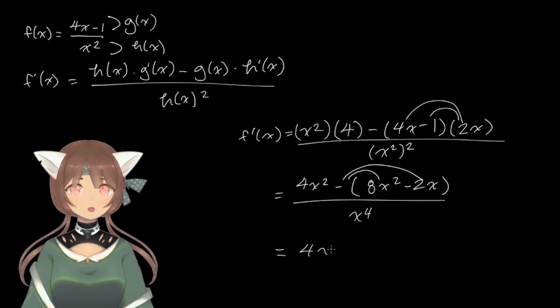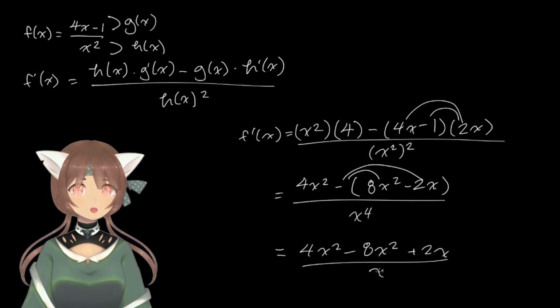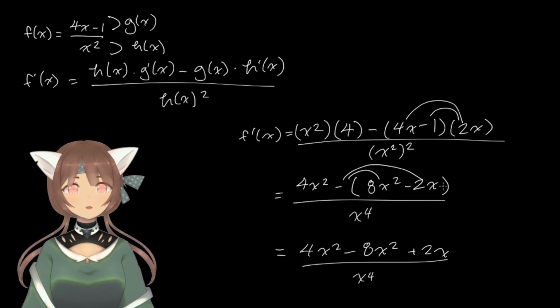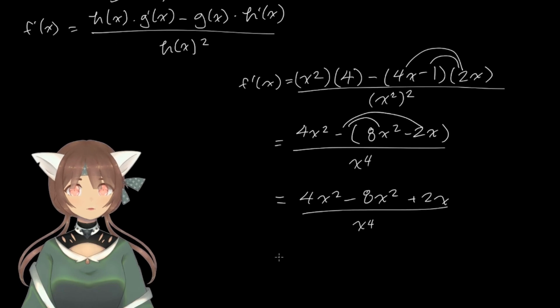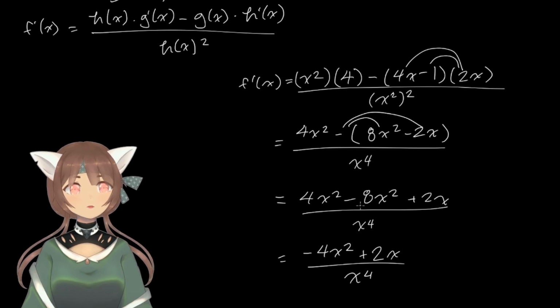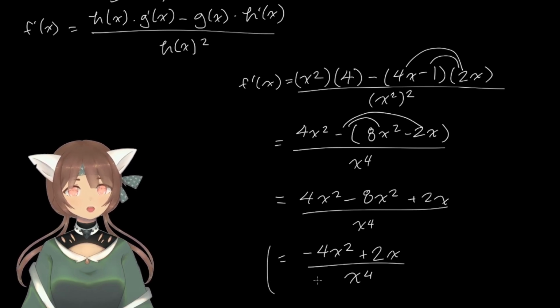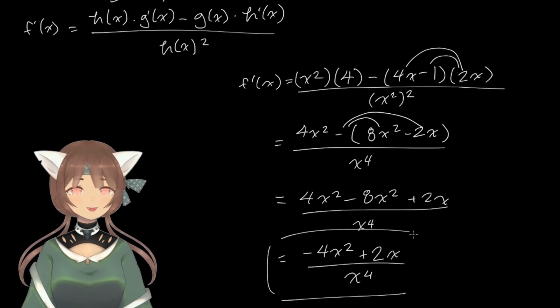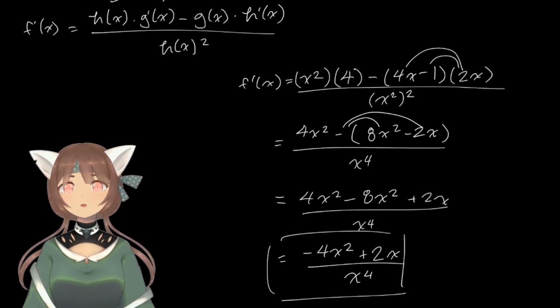So 4x squared minus 8x squared plus 2x over x to the 4th. And we can combine these, and that becomes negative 4x squared plus 2x over x to the 4th. You can simplify this further by breaking up these fractions. I'm just going to leave it, good enough. But there we go!